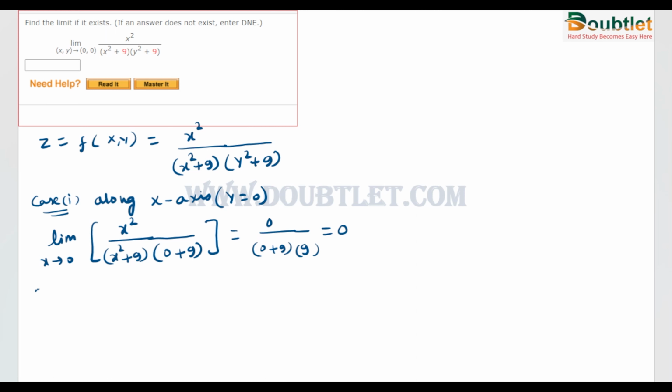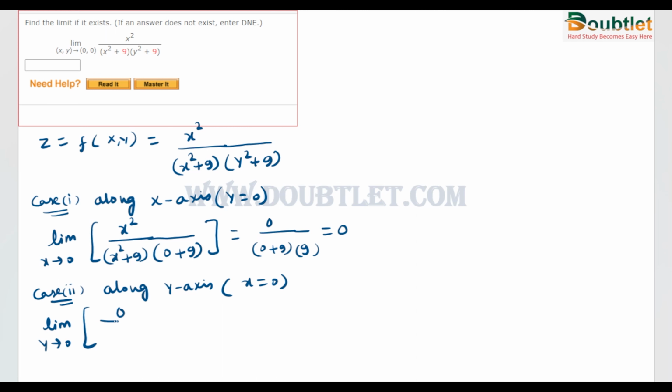Now we will consider the second case, along the y axis. We know that the equation of the y axis is x is equal to 0. So we put the limit y tending to 0 and put x is equal to 0 in this function z.